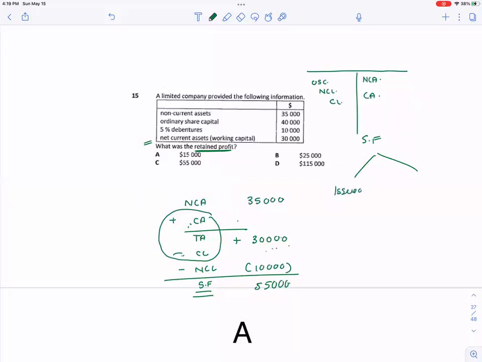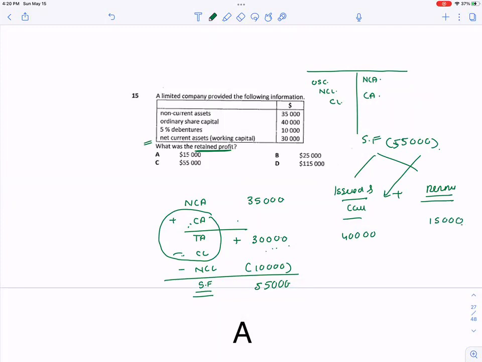Issued and called up capital plus reserves. Our issued and called up capital is 40,000. Total shareholders funds is 55,000. If issued and called up capital is 40,000, what will be my reserves? 15,000. Are you all with me?